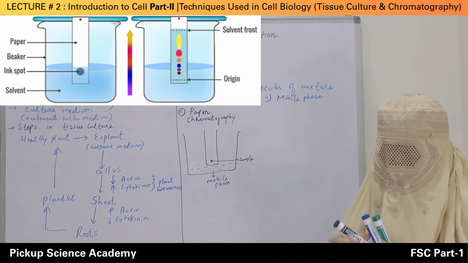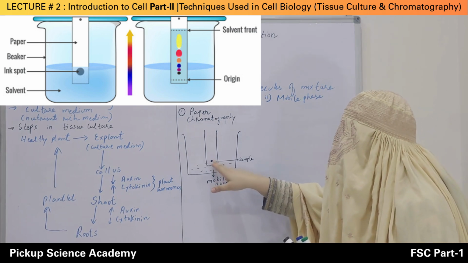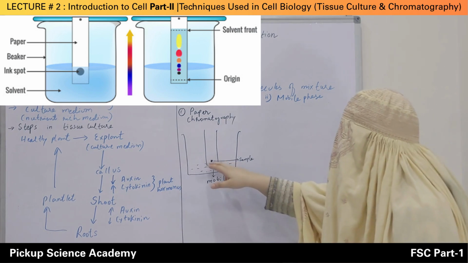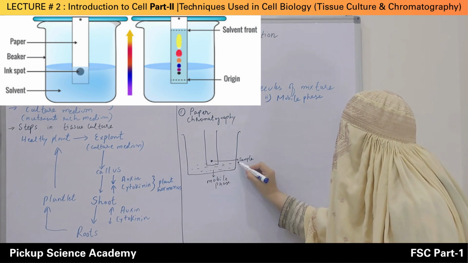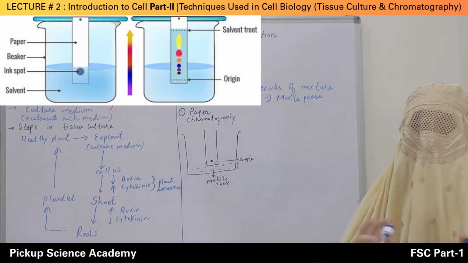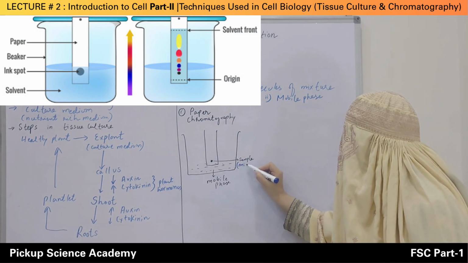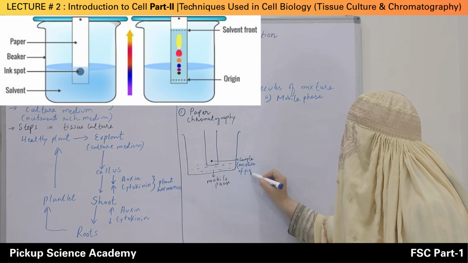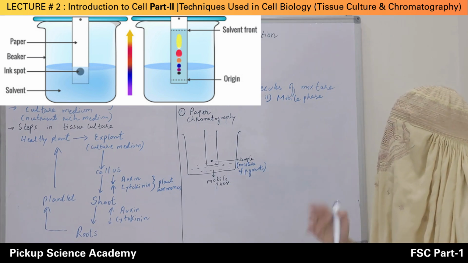So what will happen? After some time, this mobile phase will start flowing over this paper. Okay, it will start moving upward. For example, if the sample is a mixture of pigments, what will happen?